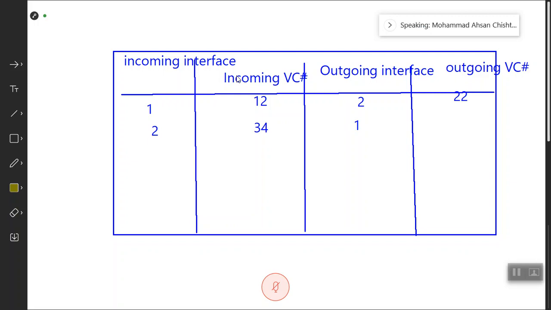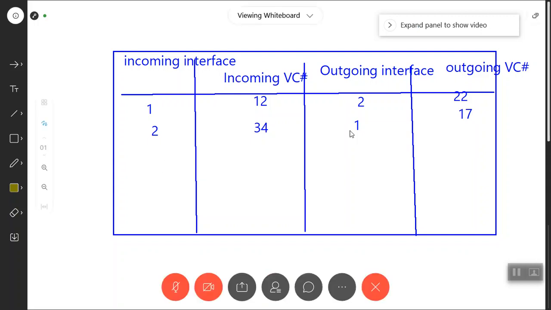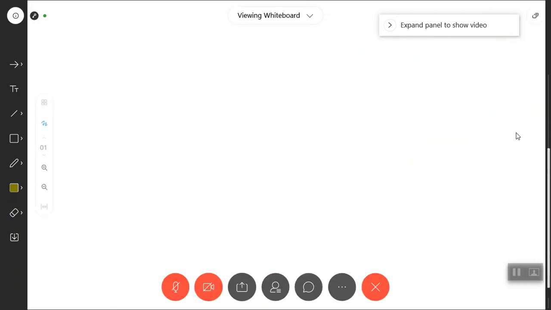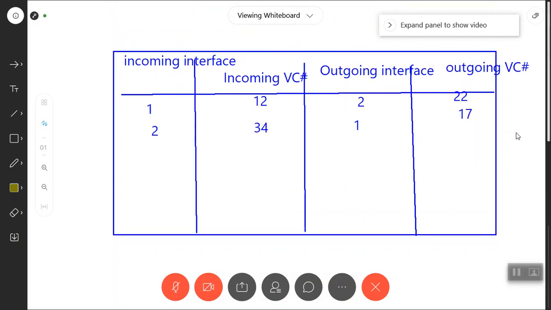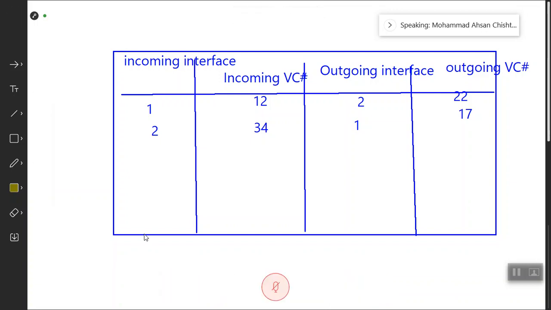Now this table is within the router. It sees that it has received a packet when the incoming interface is 1 and the incoming virtual circuit number is 1, 2.